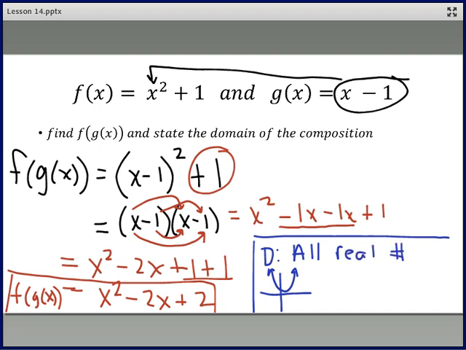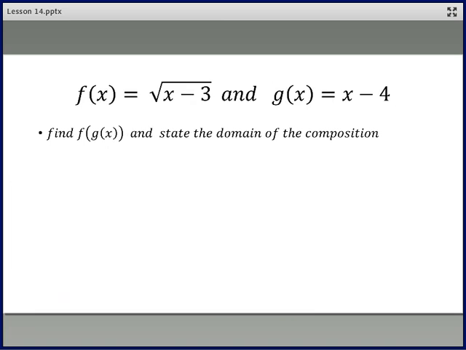So again, a parabola is continuous in both directions on the x-axis, so there are no excluded values. So again, the domain is all real numbers. So that's example 2.